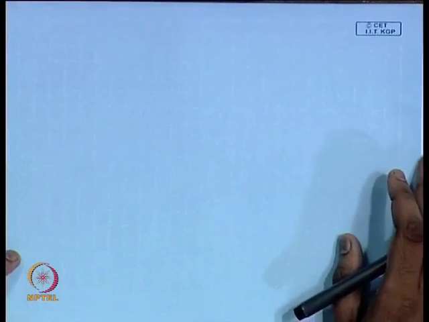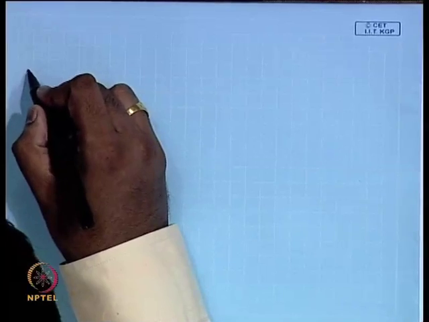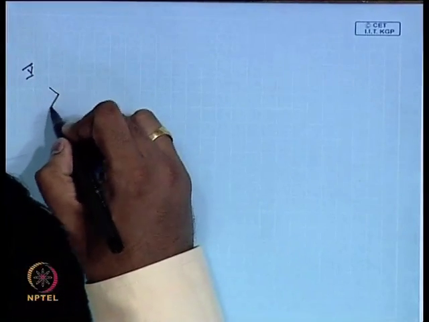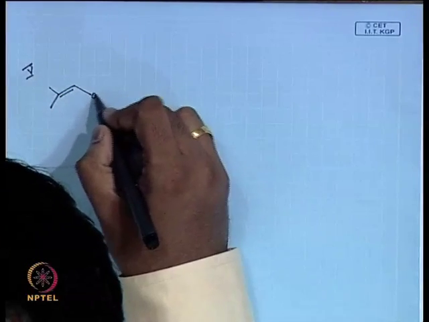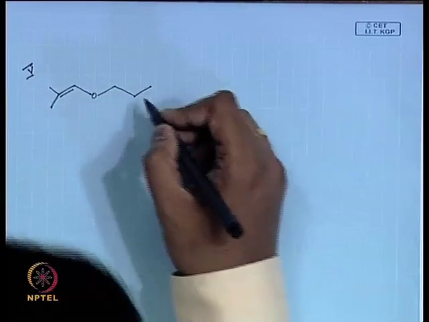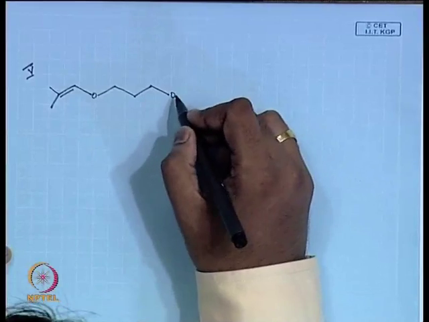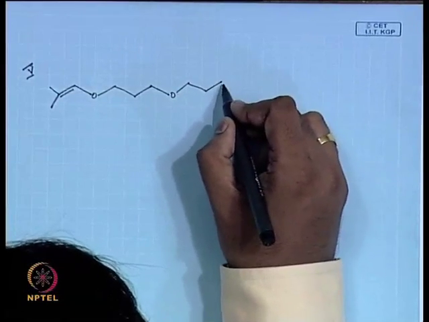Now we will try this example. I want you guys to try without seeing the board. So, it is more about how you visualize the molecules. One, two, three, oxygen. 1, 2, 3.